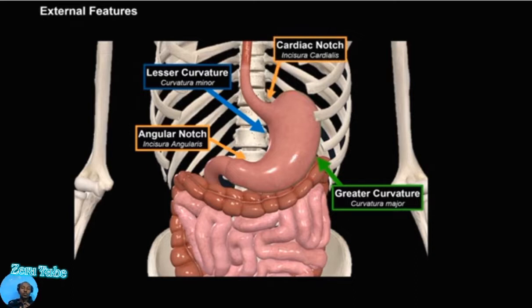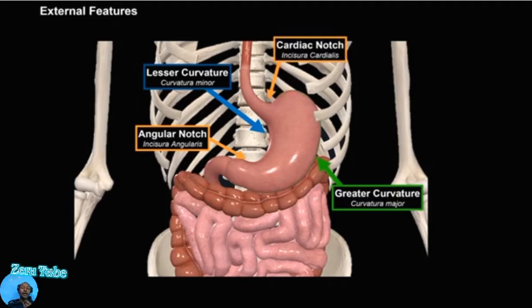So the angular notch is found on the lesser curvature. The cardiac notch is found at the greater curvature. This cardiac notch is formed by the terminal part of the esophagus and the fundus of the stomach.